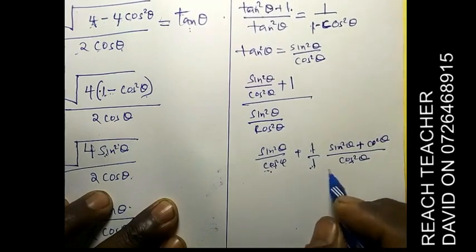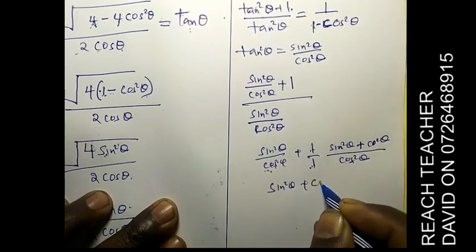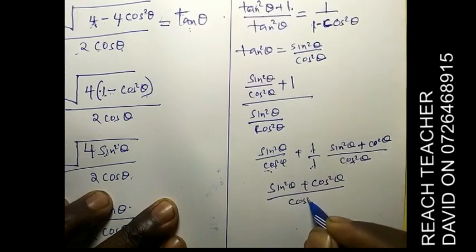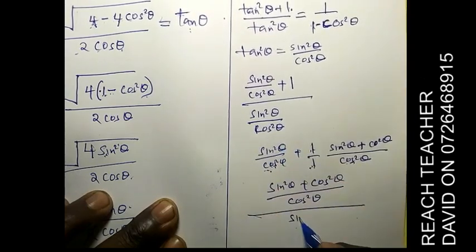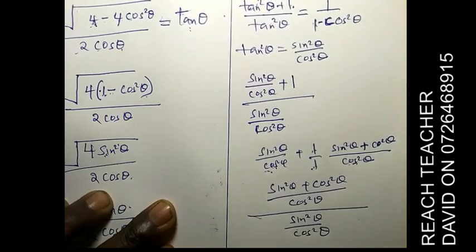So our numerator will be sine square theta plus cos square theta divided by cos square theta, and then over sine square theta divided by cos square theta.